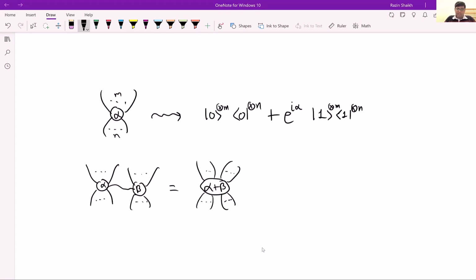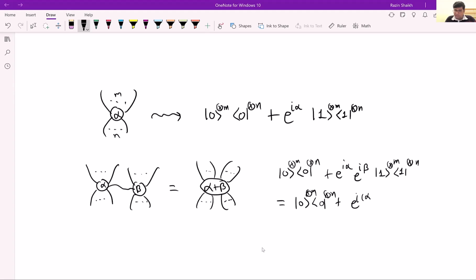On the left-hand side, on the bracket 1, I will get the coefficient of e to the i alpha. And from the right-hand side spider, I will get a different scalar e to the i beta. And that gives us the phase of e to the i alpha plus beta.